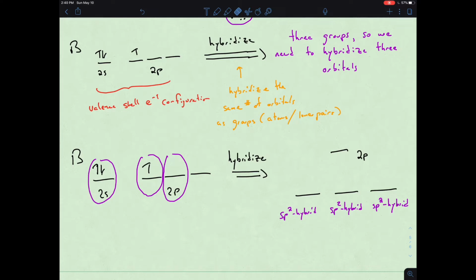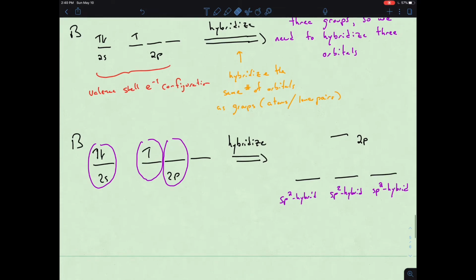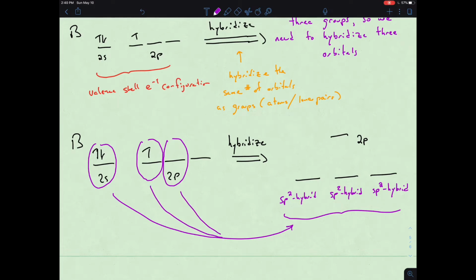So these 3 are coming from our combination of s and p orbitals to create these new orbitals.